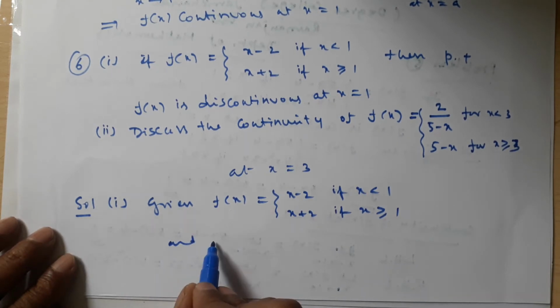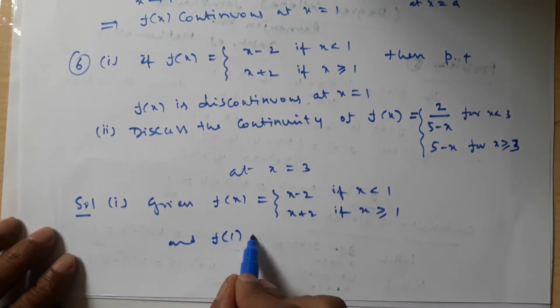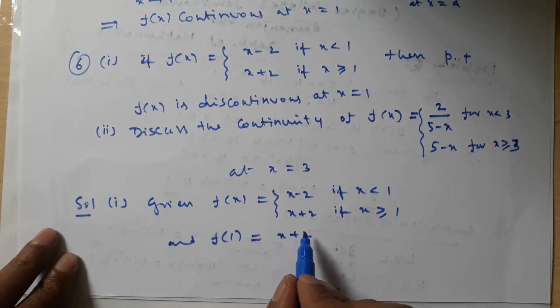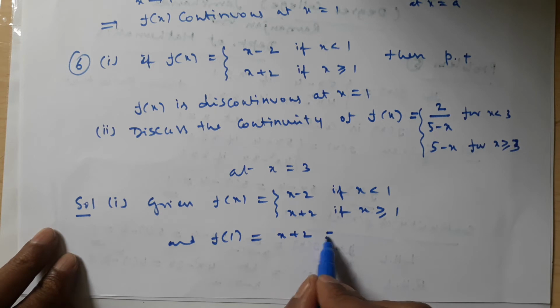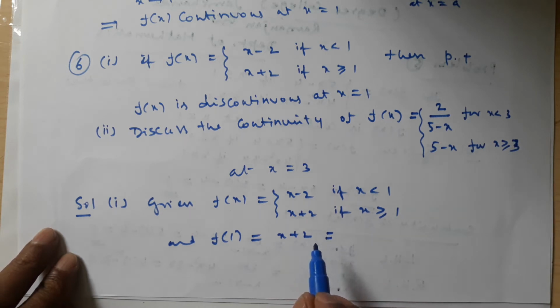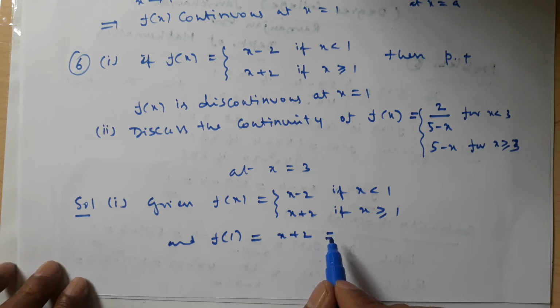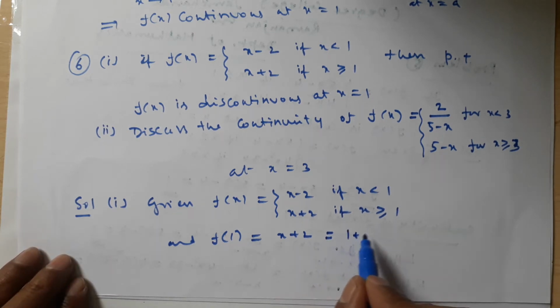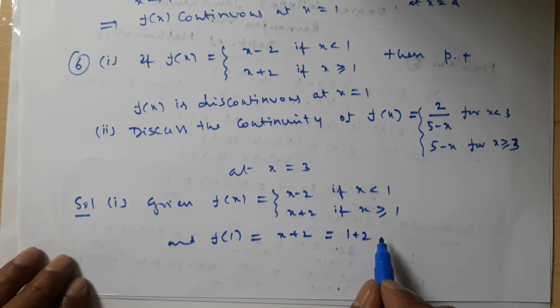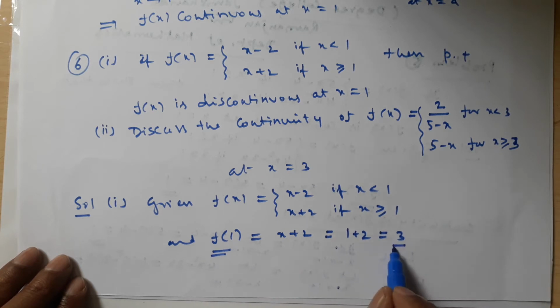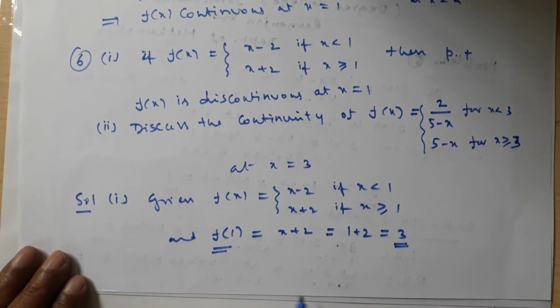At x equals 1, f of 1 is equal to x plus 2, which is 1 plus 2 by the substitution method, equal to 3. So the f of 1 value is 3.